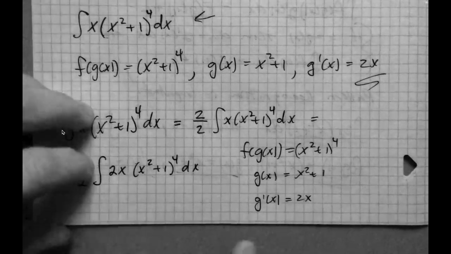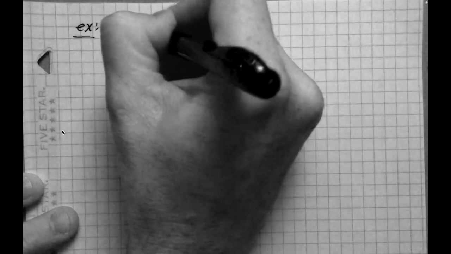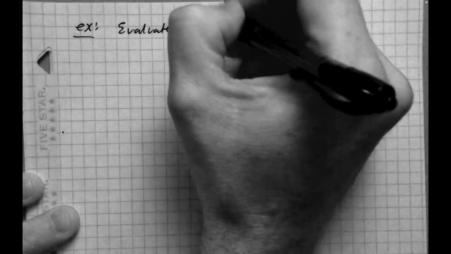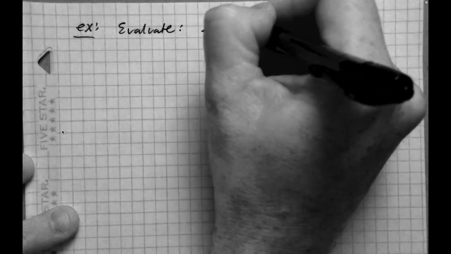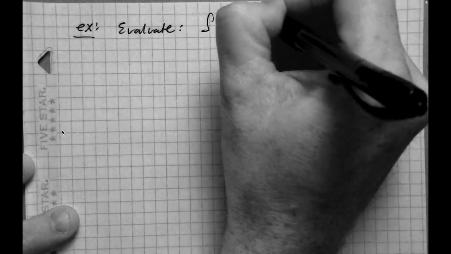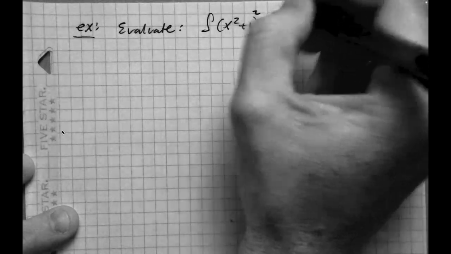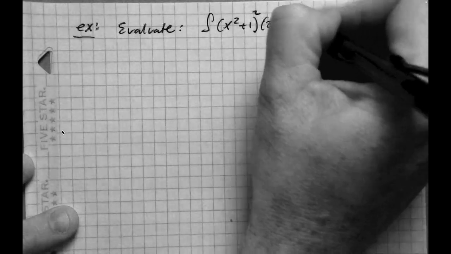Now let's go ahead and do some examples where we actually use this technique to evaluate an indefinite integral. So let's evaluate the integral of x squared plus 1, so I guess this is what we just talked about. Yeah, let's do the 2nd power, just to make it different, times 2x dx.